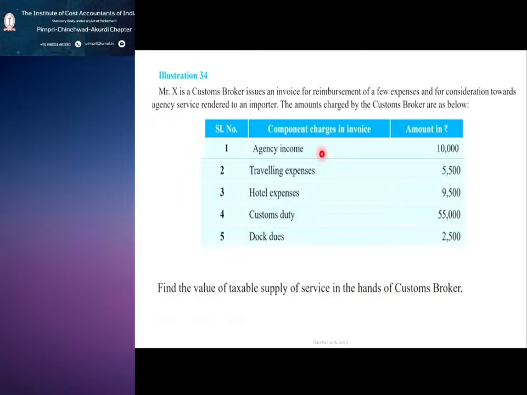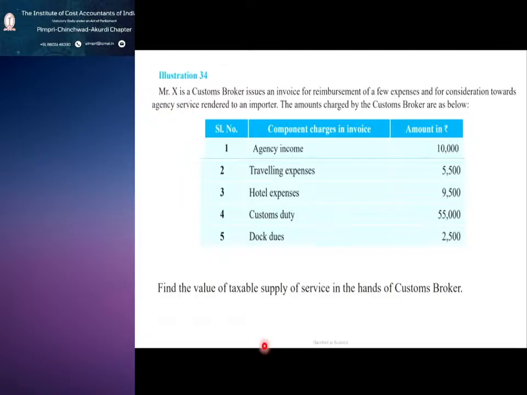Agency income is 10,000. His traveling and hotel expenses are also there, and customs duty, as he is clearing our material on behalf of me. Customs duty he is paying is 55,000. And dock dues, meaning loading and unloading of goods and whatever expenses are there, are 2,500.